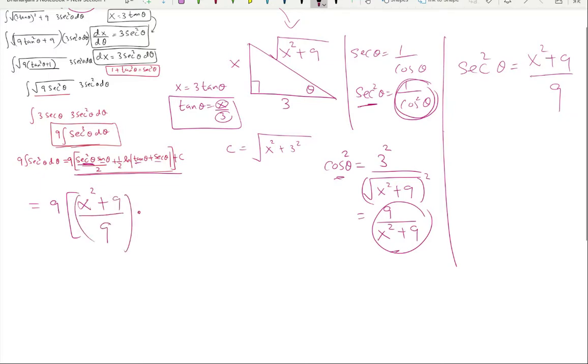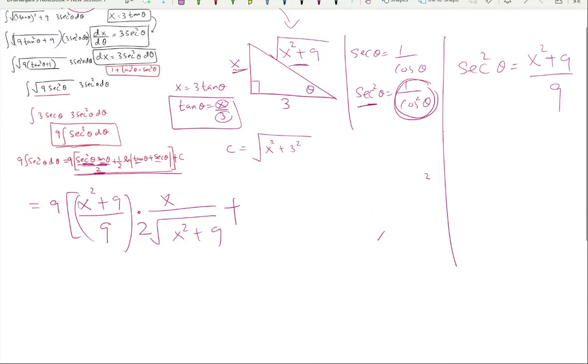Okay, now you need to find sine theta. So what is sine theta? Opposite over hypotenuse, so it's x over the square root of x square plus 9, times 2, because of the 2 here in the problem, plus, oh I am running out of space, let's make space, perfect, okay, plus half natural log. What is tangent theta?